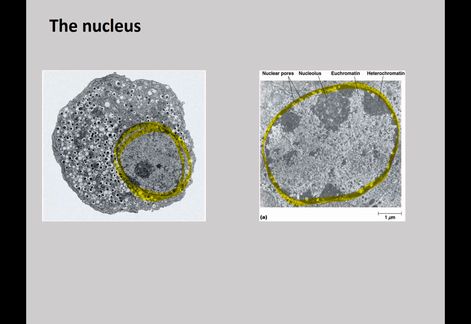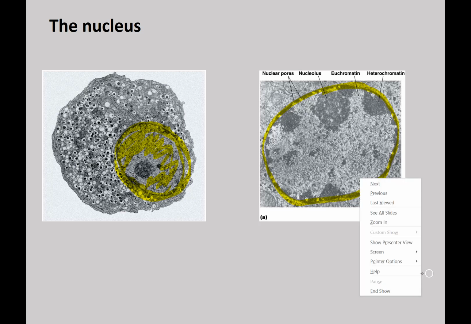We'll talk in the next slide about the different structural features, but remember that a nucleus is only found in eukaryotic cells. So prokaryotes do not have nuclei. They have their DNA just hanging out inside the cytoplasm. But eukaryotes have this double-membraned organelle that's full of DNA or chromosomes.